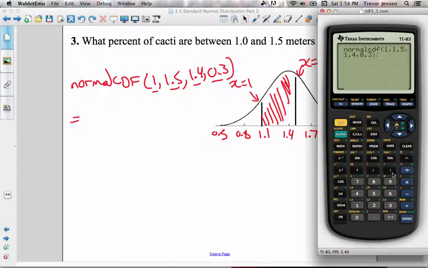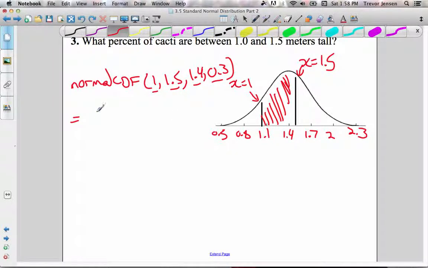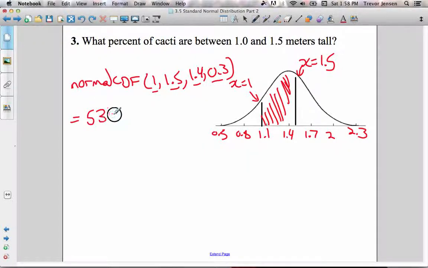Close the bracket, enter. It would tell me 53.93% of the cacti. 53.93% of the cacti would have a height between 1, which was right here, and 1.5 meters.